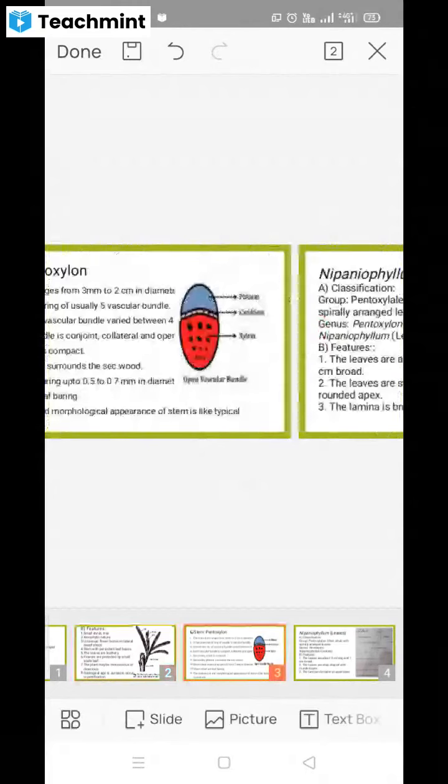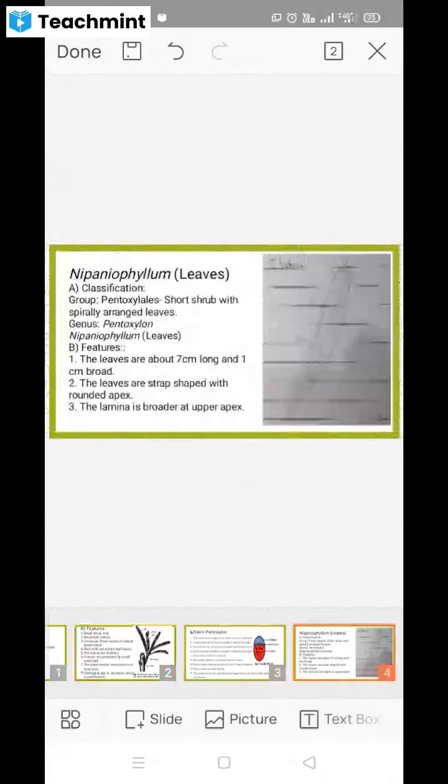So this Nymphaeophyllum comes under the group Pentoxylales, that is a short shrub with spirally arranged leaves. Then genus Pentoxylon. This Nymphaeophyllum is characterized by leaves about 7 centimeter long and 1 centimeter broad.